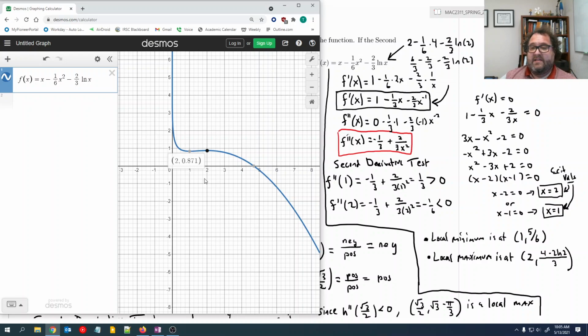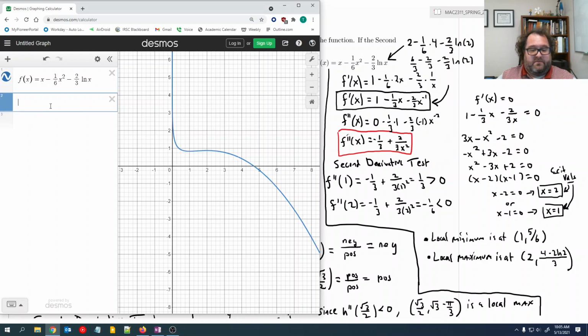We didn't have to make that big sign chart over here with all of the increasing and decreasing behavior. So sometimes, not always, it's just quicker. This is a quicker way to find the local extrema. But remember, both the first and second derivative tests are methods to find the relative extrema.